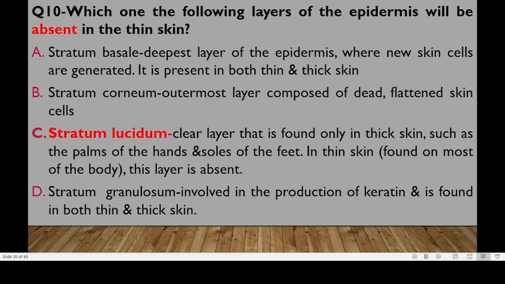Of course, stratum lucidum is the best option for us here, and it's a clear layer that is found only in thick skin, such as the palms of your hands and soles of your feet. In thin skin, which is found on most of the body, you find that this layer will be absent.